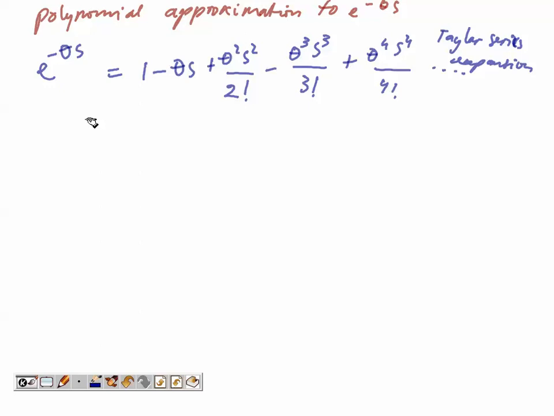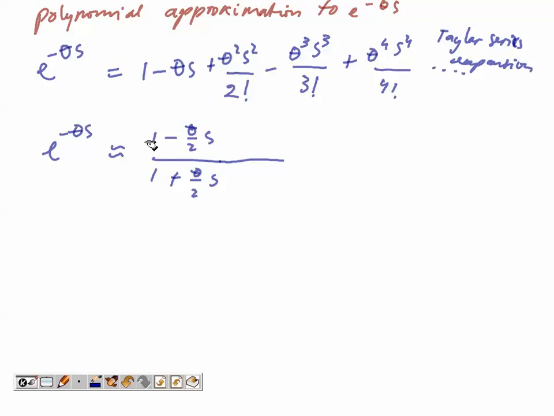Another approximation method: e^(-theta s) also can be approximated by the Padé approximation. So (1 minus theta s/2) over (1 plus theta s/2). Actually this is the 1 over 1 Padé approximation, meaning the numerator order is first order and the denominator is first order.